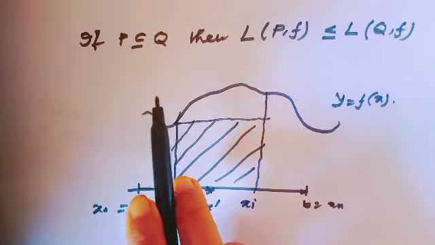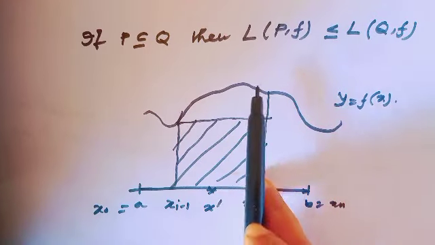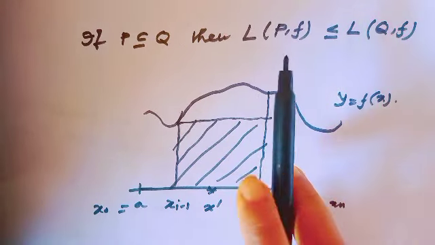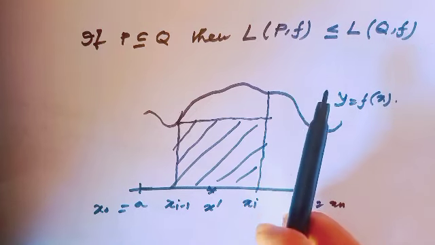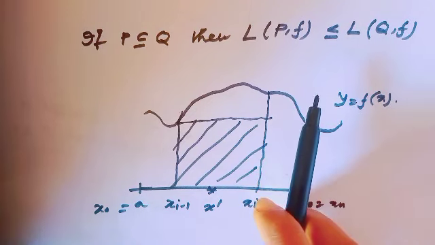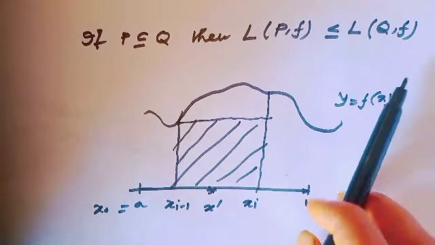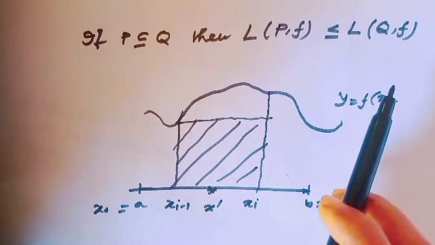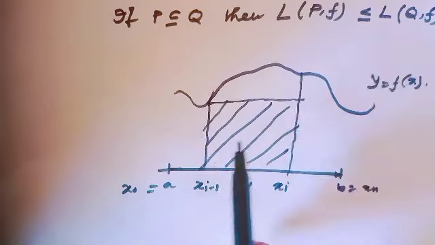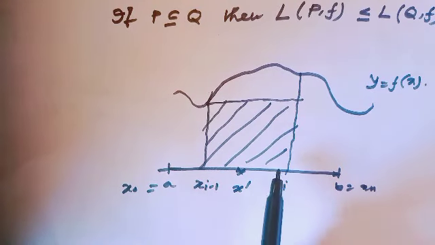Well, when Q is a refinement of P, then obviously, if you notice the graph, LPF is less than or equal to LQF. What is the meaning? See the graph.